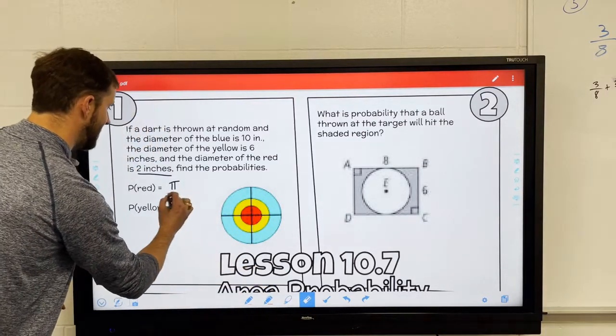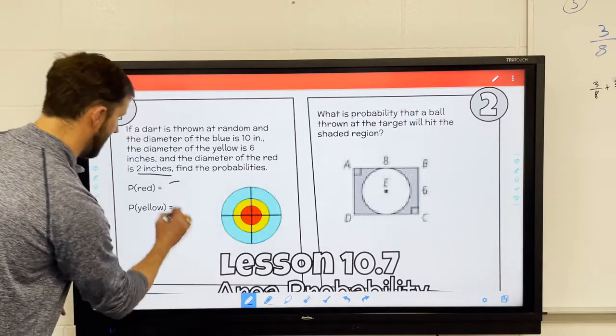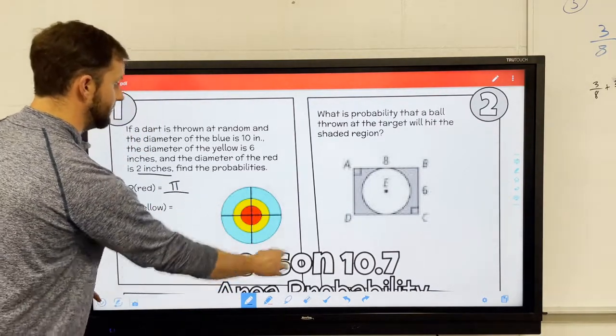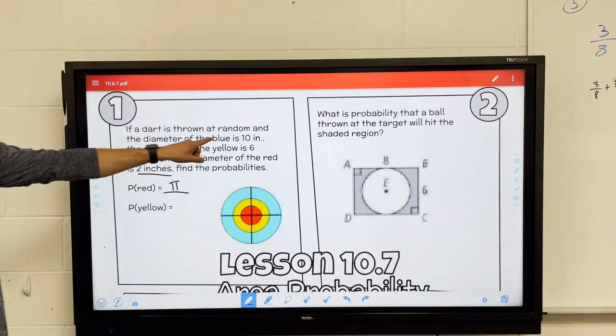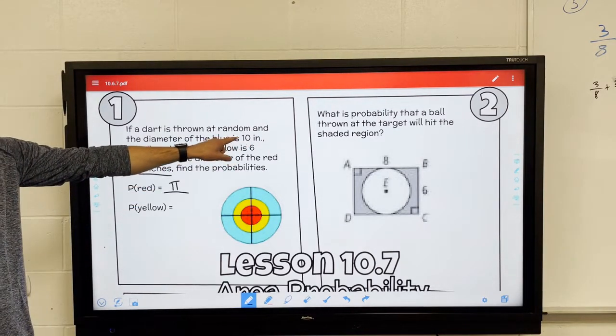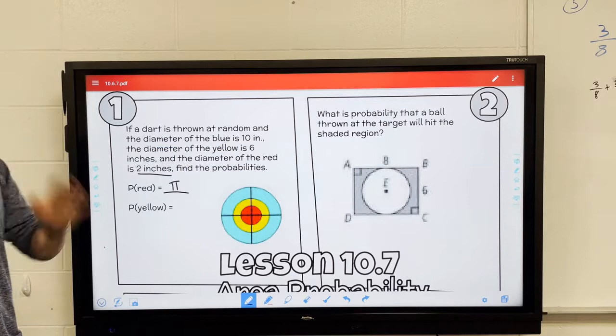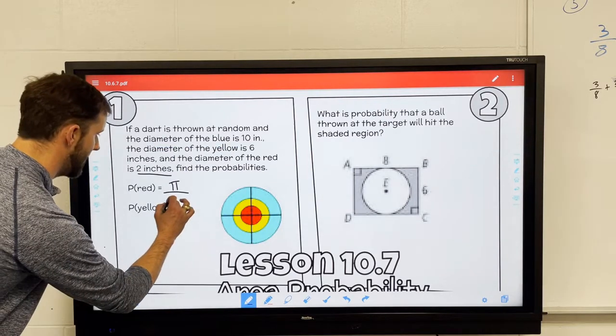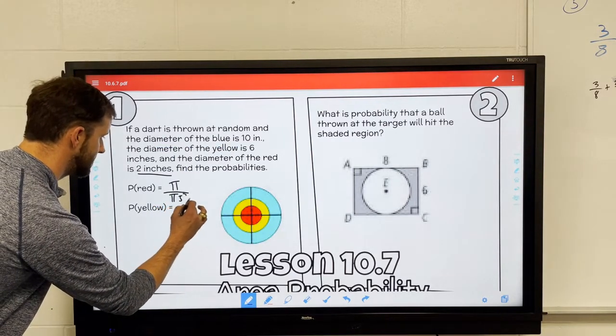Now I need the area of the whole thing, which is the blue part. The diameter of the blue is 10, so half of that is 5, and the area is pi times 5 squared.